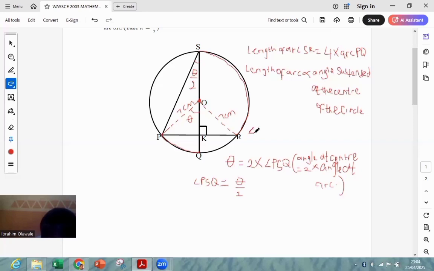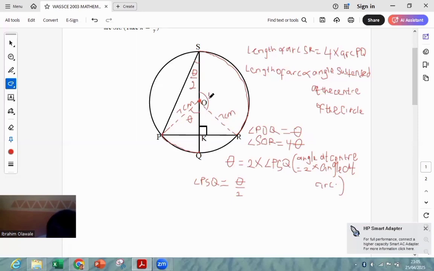So if angle POQ is theta, it means that the angle subtended by SOR will be 4 theta, since the length of arc is proportional to the angle subtended at the center. So the angle subtended by arc SR at the center is 4 theta.